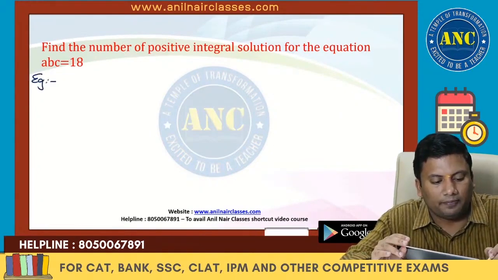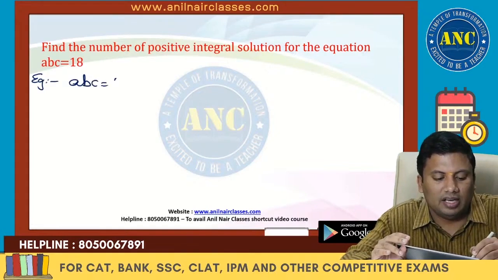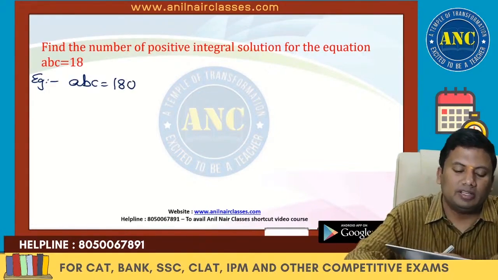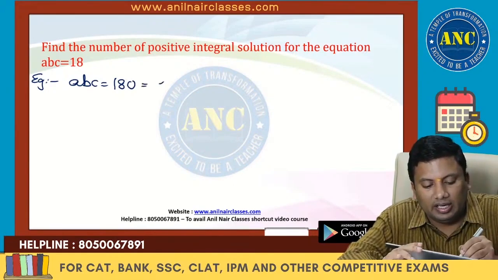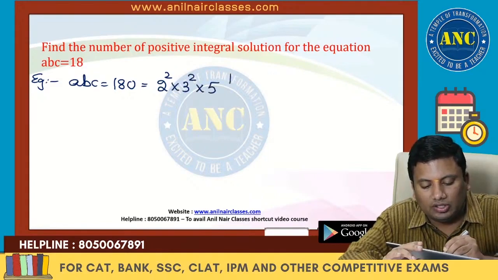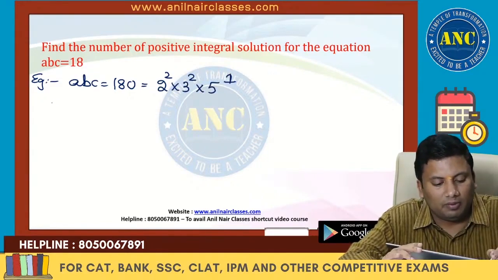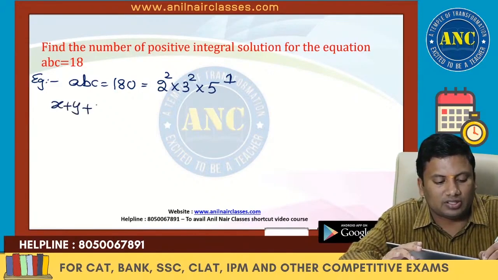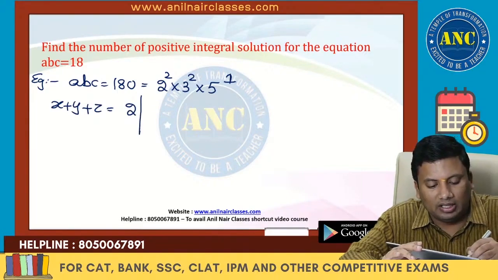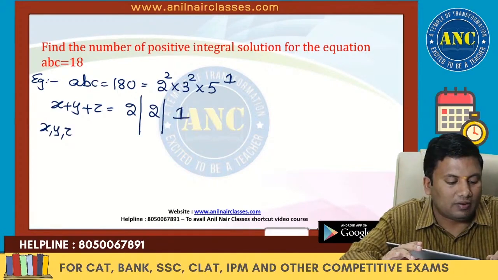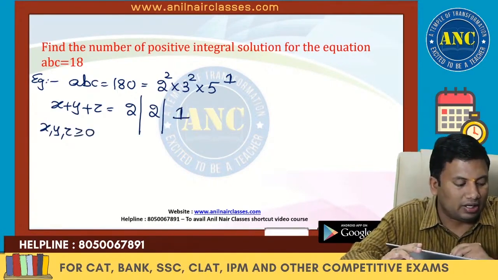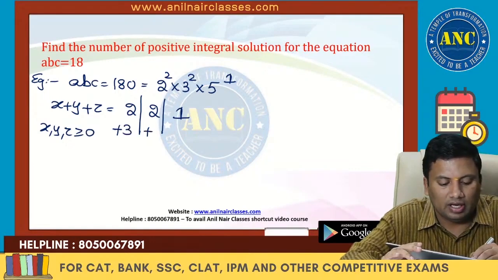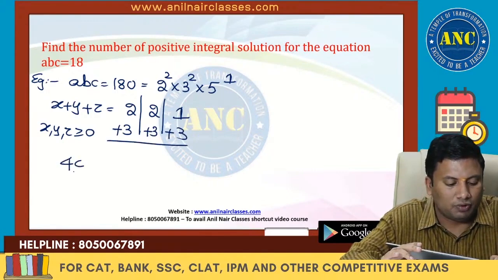Another example. If ABC is 180. 180 is nothing but 36 into 5, which is 2 square into 3 square into 5 power 1. What will be the answer? X plus y plus z is either 2 or 2 or 1, with XYZ greater than or equal to 0, which means add 3, add 3, add 3. 2 plus 3 is 5, 5 means 4C2.